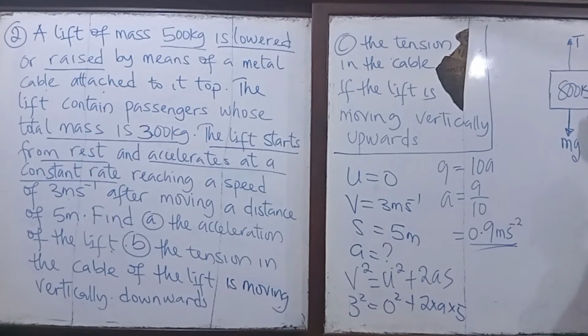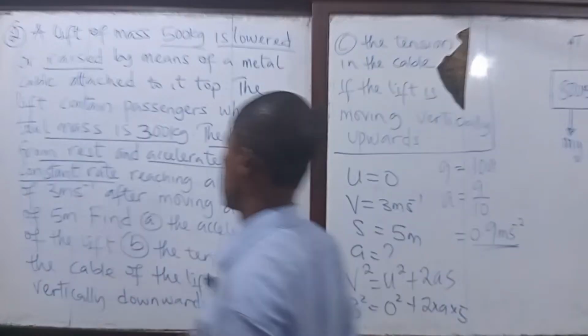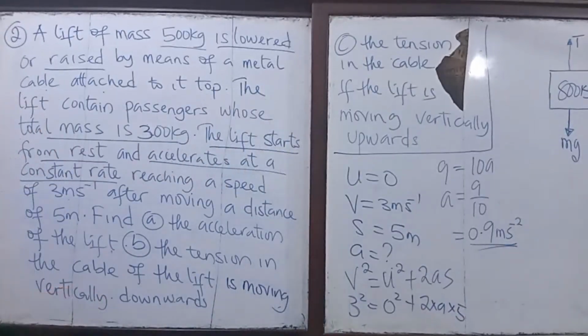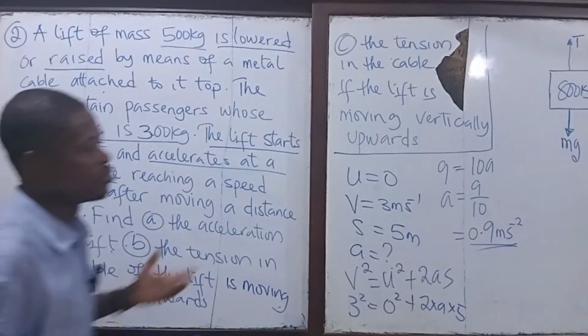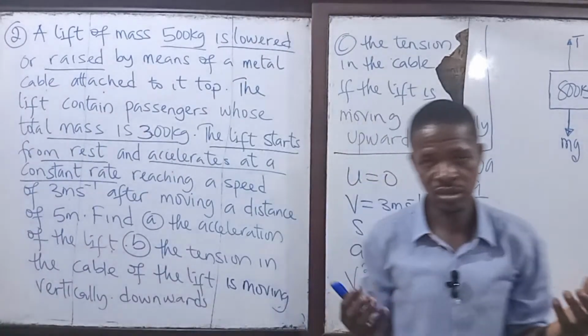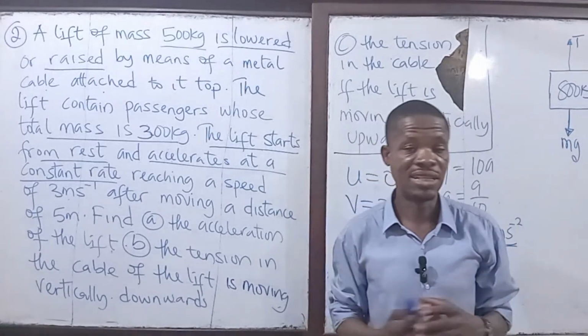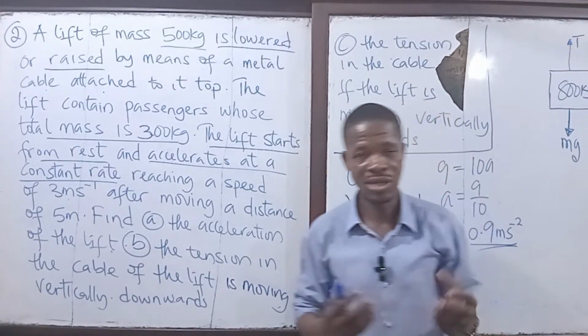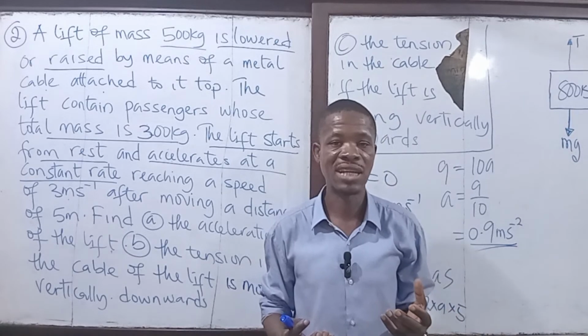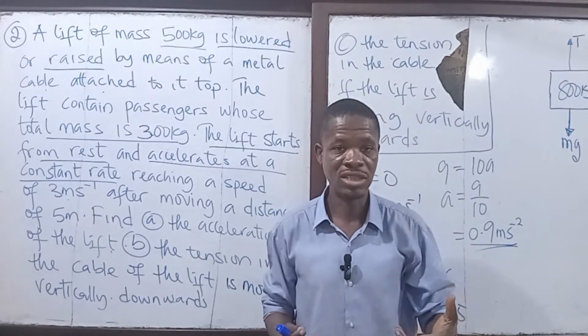If it's moving vertically downward, that means the acceleration is vertically down, in the direction of the weight. And one thing you have to note when you are inside the lift, as you are standing, two things are happening on you.